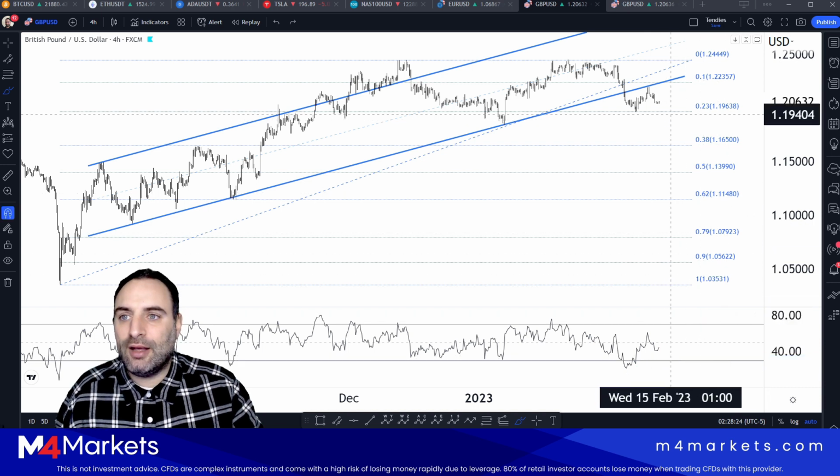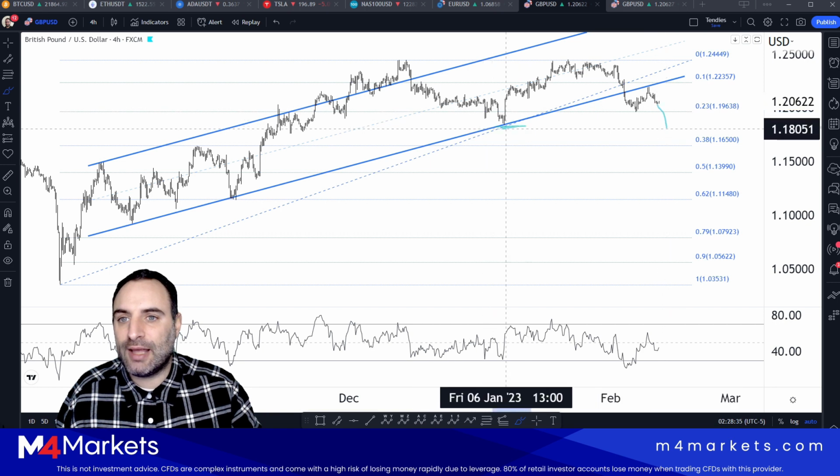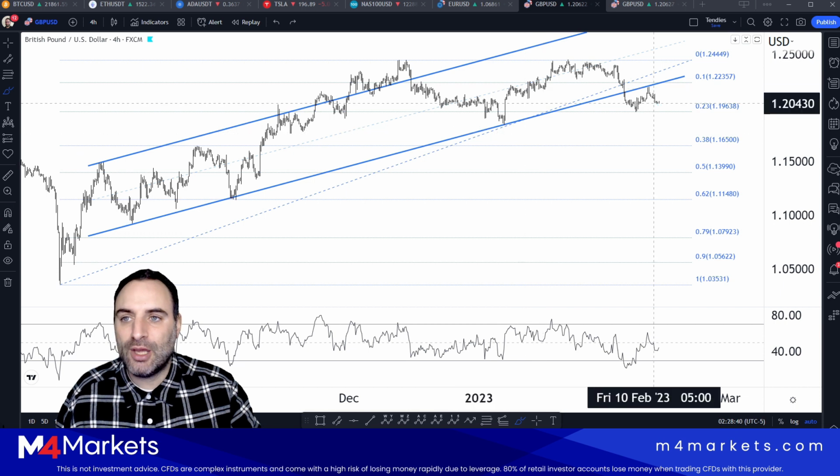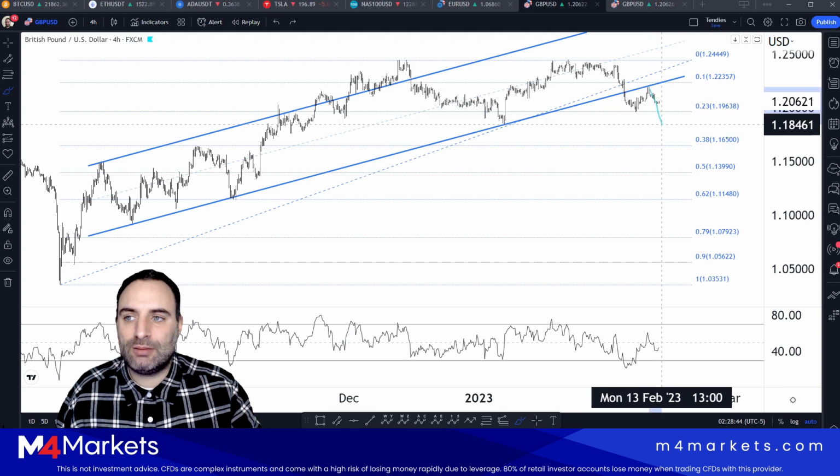So there is a swing low at 1960 here that we'll have to cross below. But there is high potential that we are going to do that and go and find next support at around 118. This is the previous swing low over here. Given the rejection, there are increased chances that this can take place.